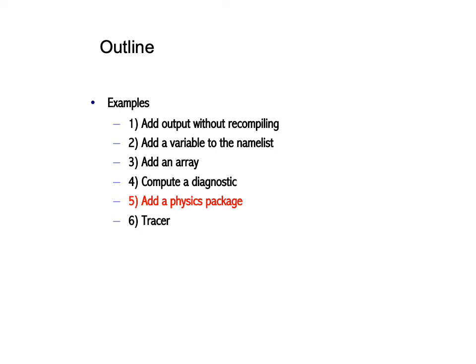This next example is going to show us how we put a number of these pieces together: namelist values, arrays, and the build structure, and utilizing the capabilities that come from packaging.